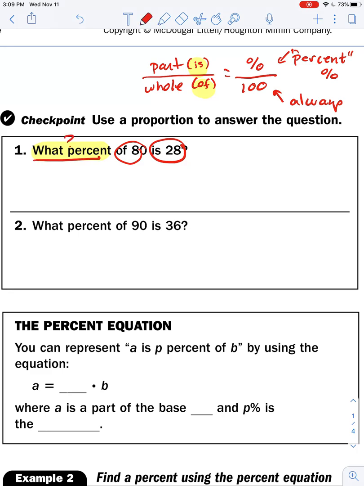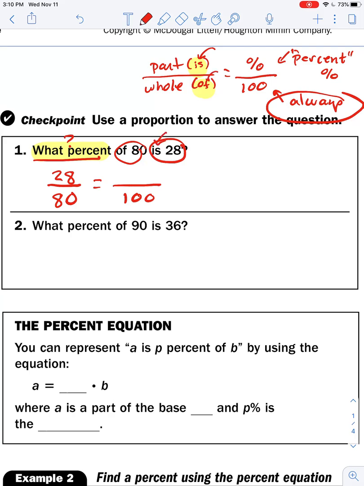So looking at my problem, when it says what percent, that means the percent is the part you don't know. What I do know is that this is always 100, like it says right here, is what percent of 80 is 28. Also keep in mind the 28 has to be the part and the 80 has to be the whole, because the part has to be smaller than the whole.